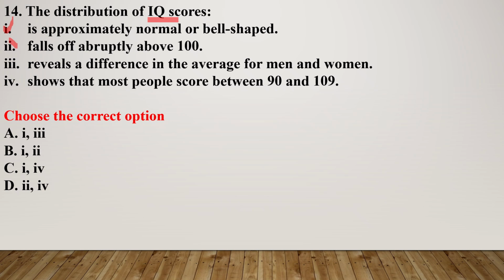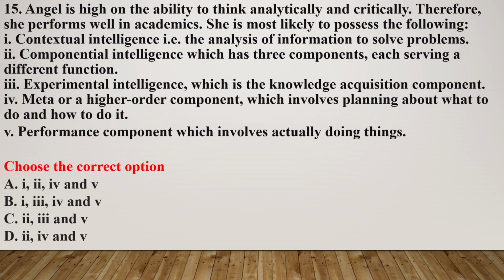That's a wrong statement. Reveals a difference in the average of men and women. Again, it is wrong. Shows that most people score between 90 to 109. This is right. So the answer for question number 14 will be C, first and fourth.